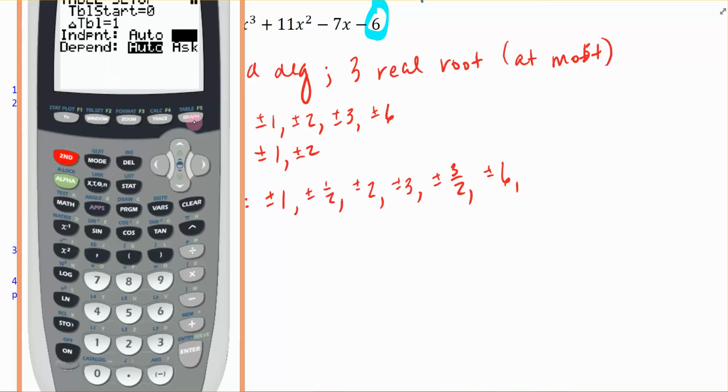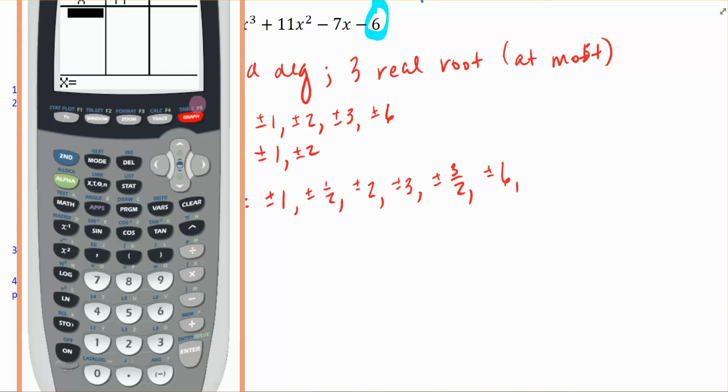I'm going to now go to second graph, or pull up the table, and you can see that the table is not populated because it's waiting on me to tell it what value for x I want it to substitute into the equation. So we're going to systematically enter any of these values until I come up with a 0.